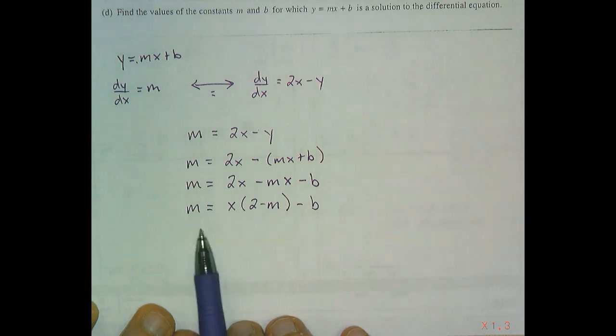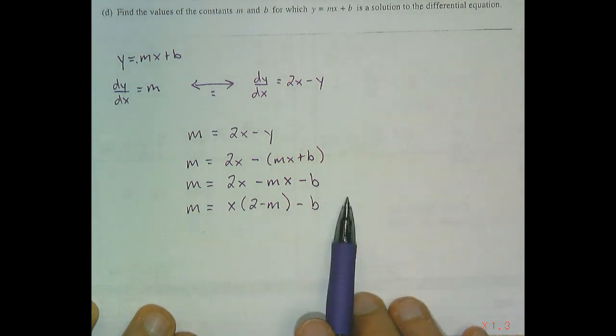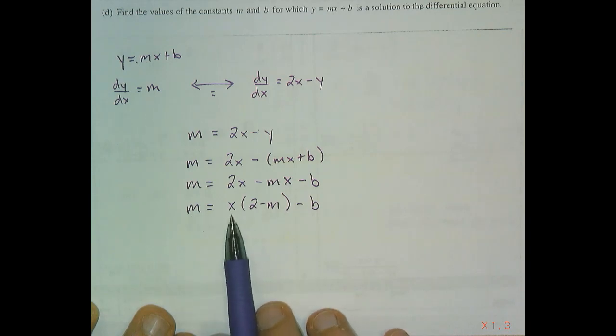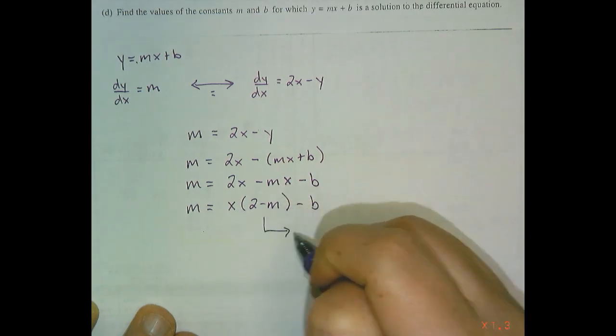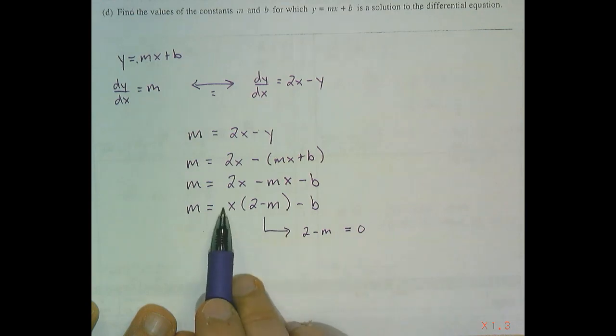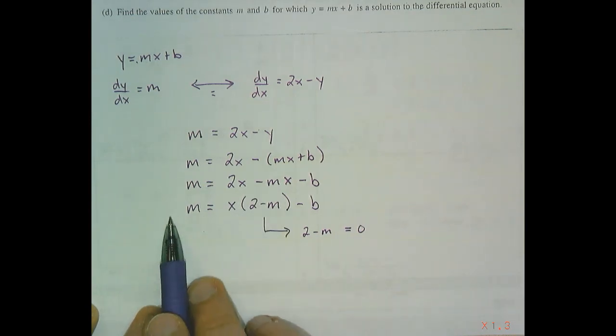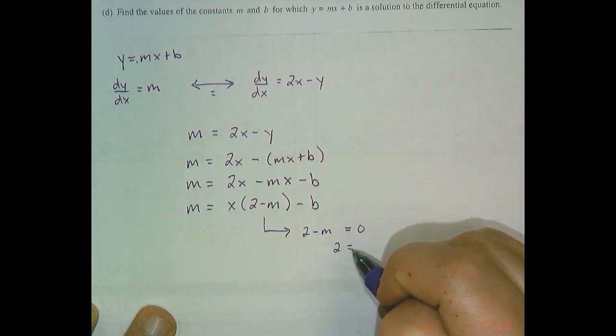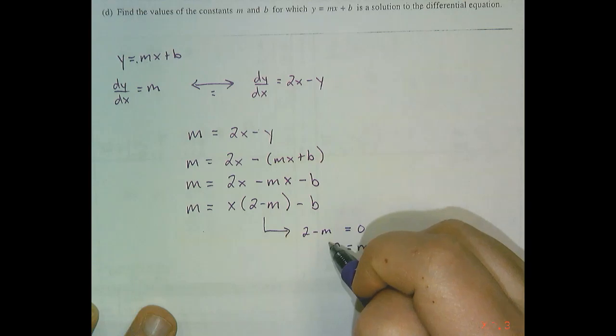All right, so at this stage, if this is a true expression, we have a constant on the left and a variable on the right. In order for the variable to be canceled, 2 minus m has to be equal to 0, or else our variable expression would continue to be variable and we would have a variable on the left. So we're able to conclude that 2 is equal to m.